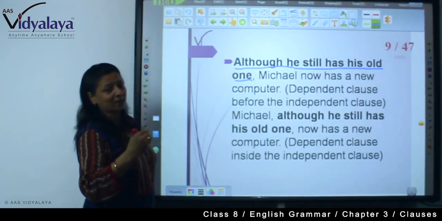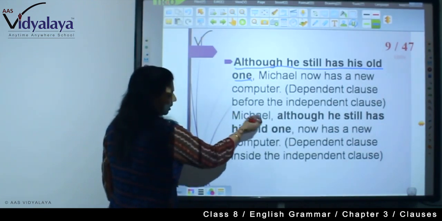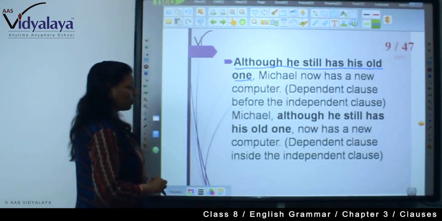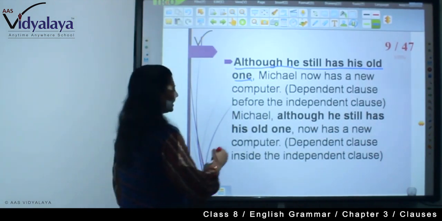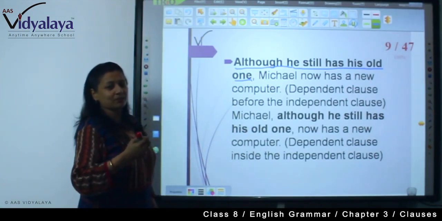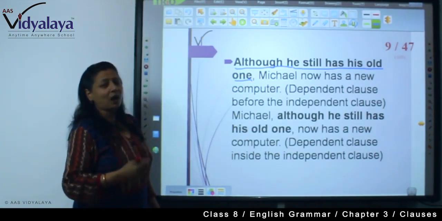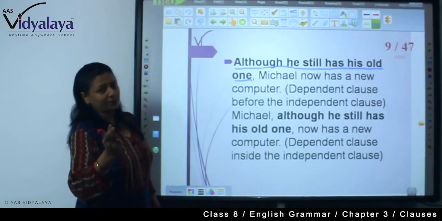Now, how can it come in between? See, Michael, comma, although he still has his old one, now has a new computer. So, you are seeing that this is in the middle. So, with 3 examples, I have shown you how you can use the dependent clauses with the independent clauses.